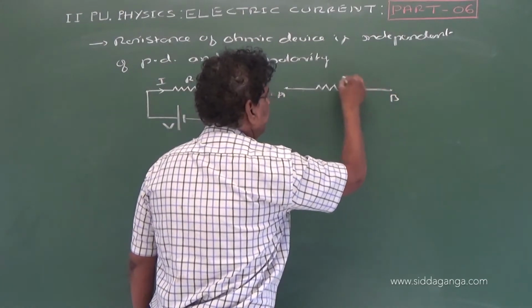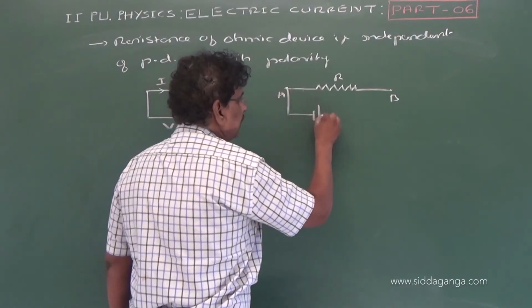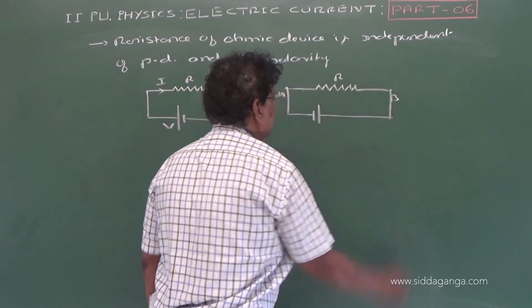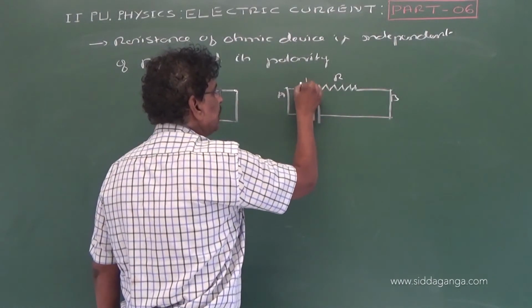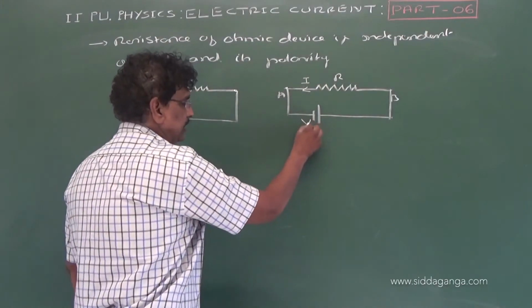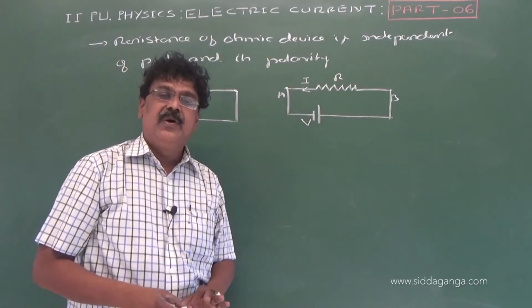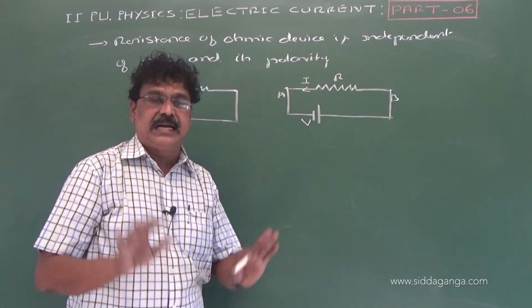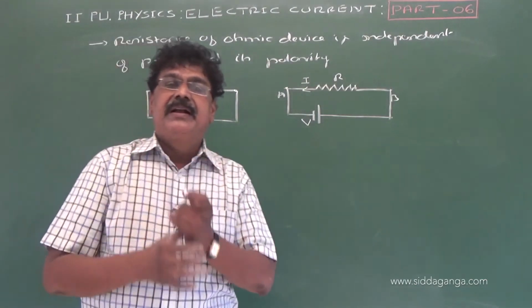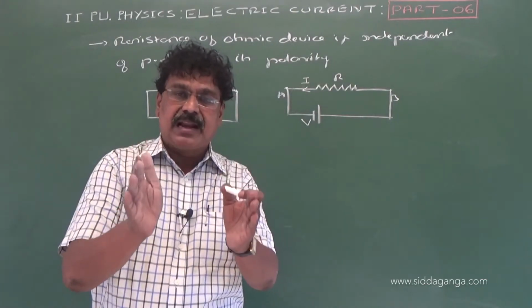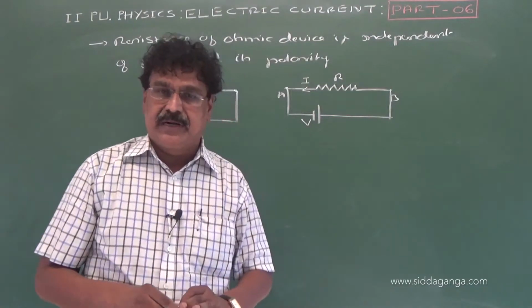Now this is the resistance AB. When we change the polarity, the direction of current changes, but V by I remains the same. Therefore, for any ohmic device that obeys Ohm's law, resistance is independent of the applied value of potential difference and the polarity of the potential difference.